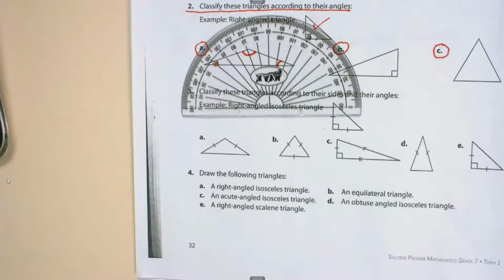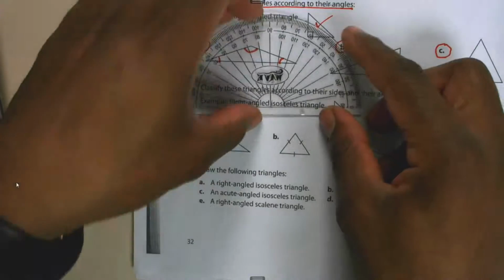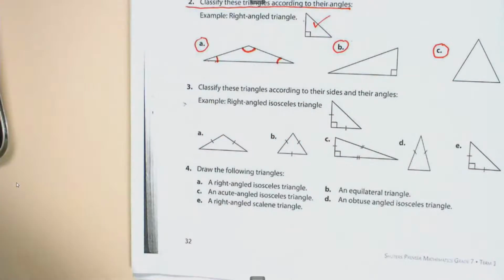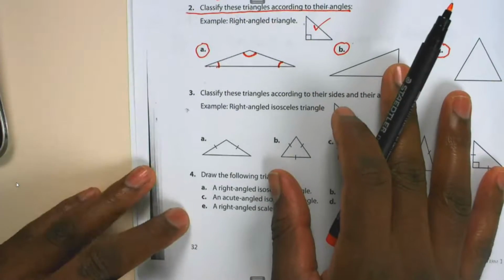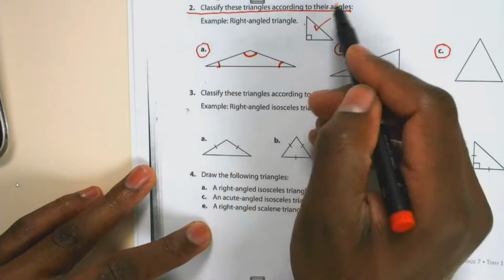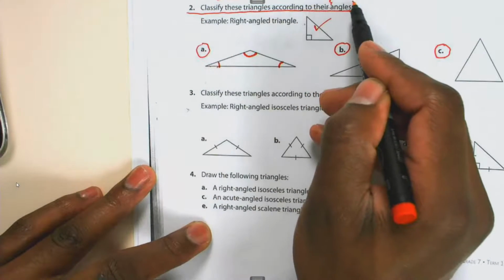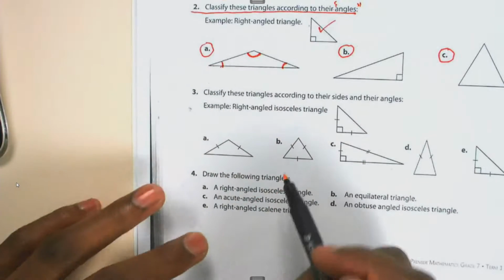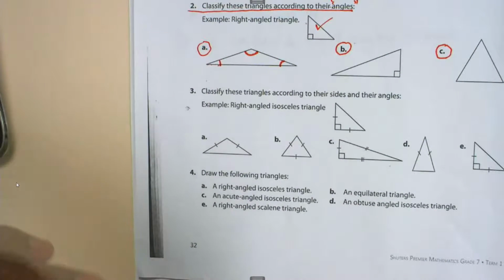Here's my protractor. Then, with that protractor, what am I going to do? I'm going to measure the angle. Remember, the instruction says we classify according to their angles.